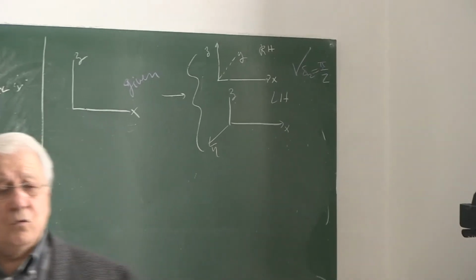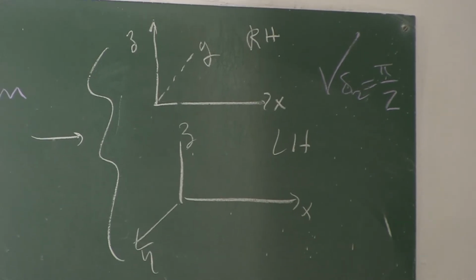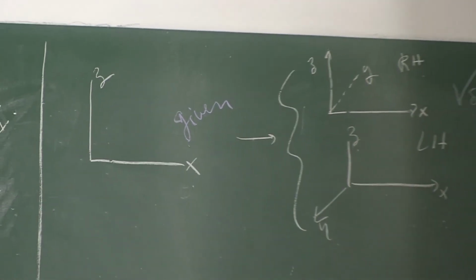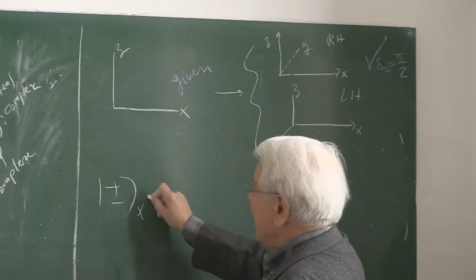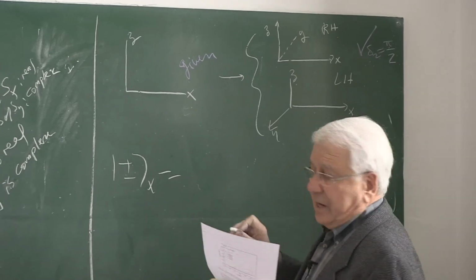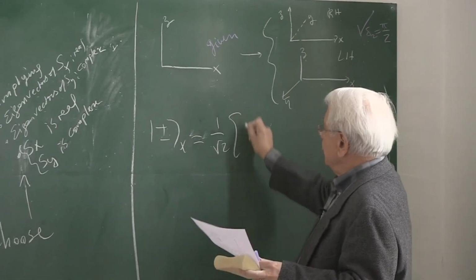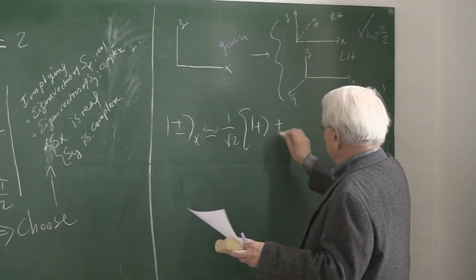The other one, the lower one, would correspond to the minus pi over 2. So we are done. I can write the plus minus x eigenvectors: 1 over square root of 2, plus minus.